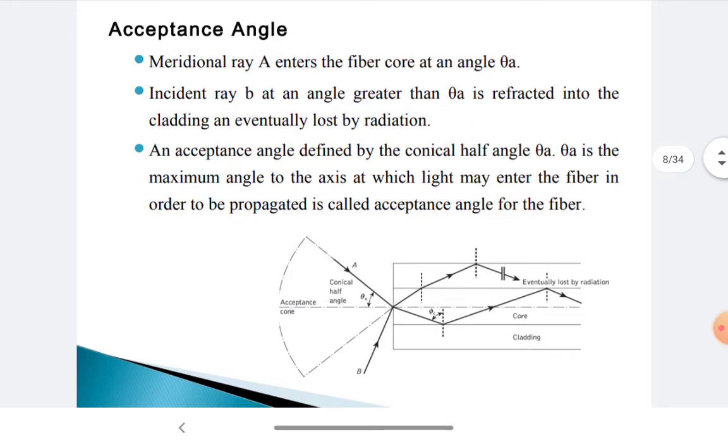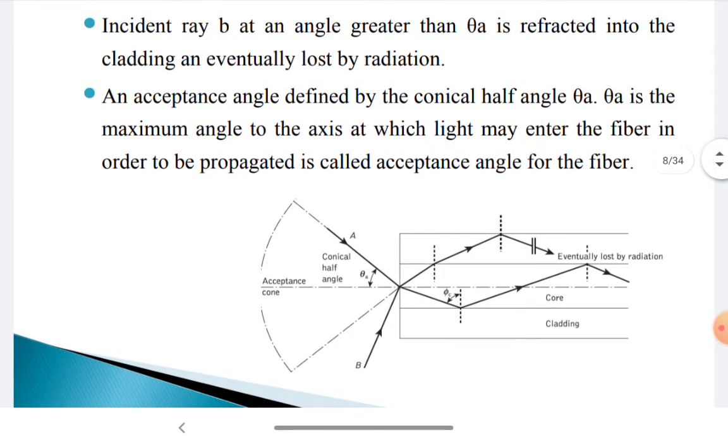Next is the acceptance angle. In the last lecture also I told you about the acceptance angle, but again I will tell you how it varies. In this acceptance angle you can see the loss by radiation. These are the rays which go outside the core.